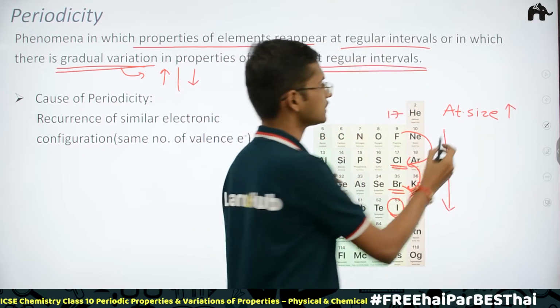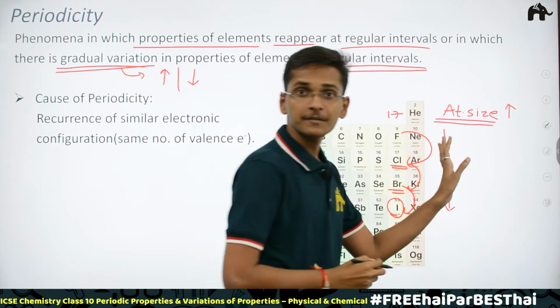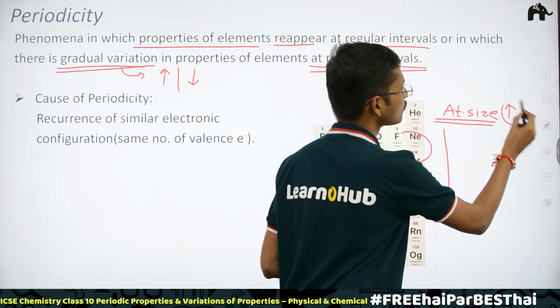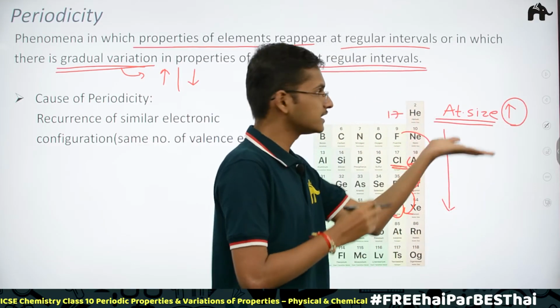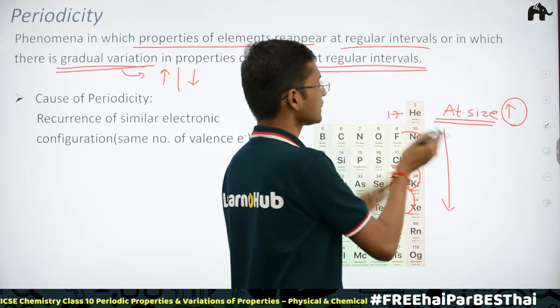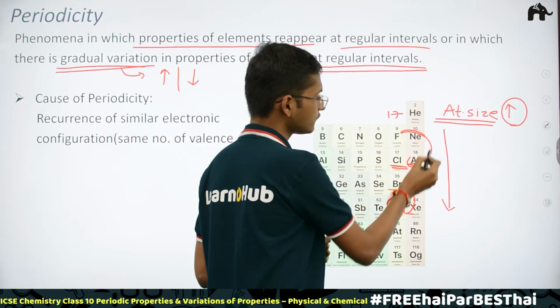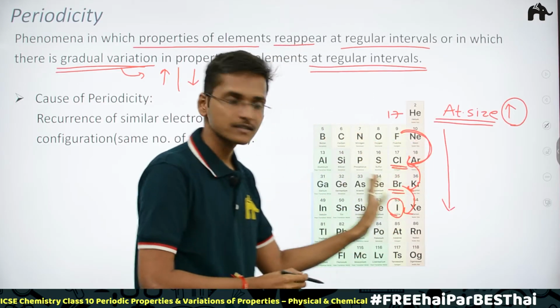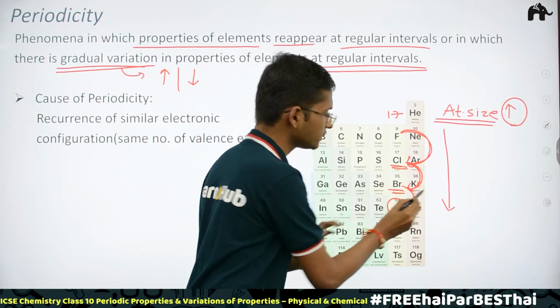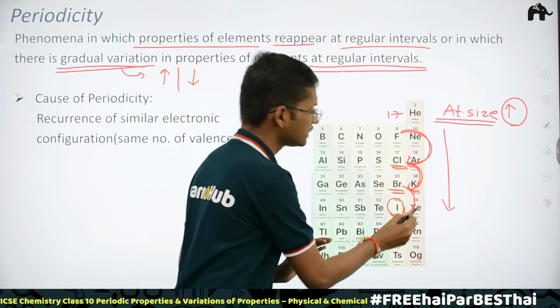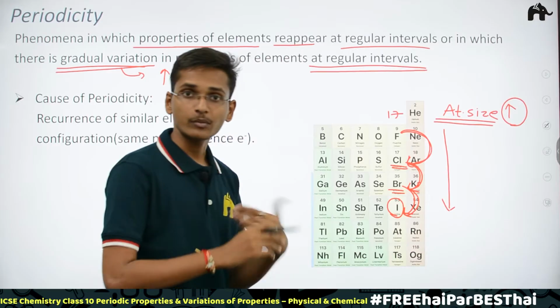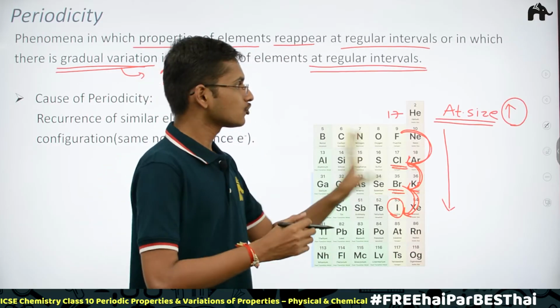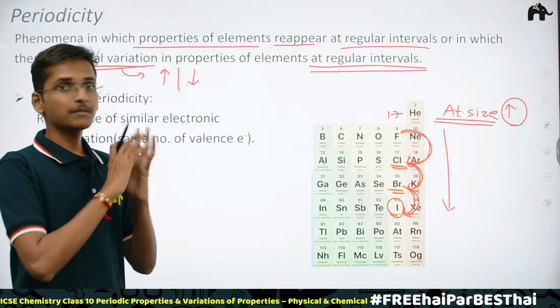So atomic size is a property of the element, and it shows gradual variation, which means it is either increasing or decreasing at regular intervals. When we move from fluorine to chlorine, atomic size increases. When we again move from chlorine to bromine, atomic size again increases. Again, when we move from bromine to iodine, atomic size again increases. Now I think the second part is also clear to you.